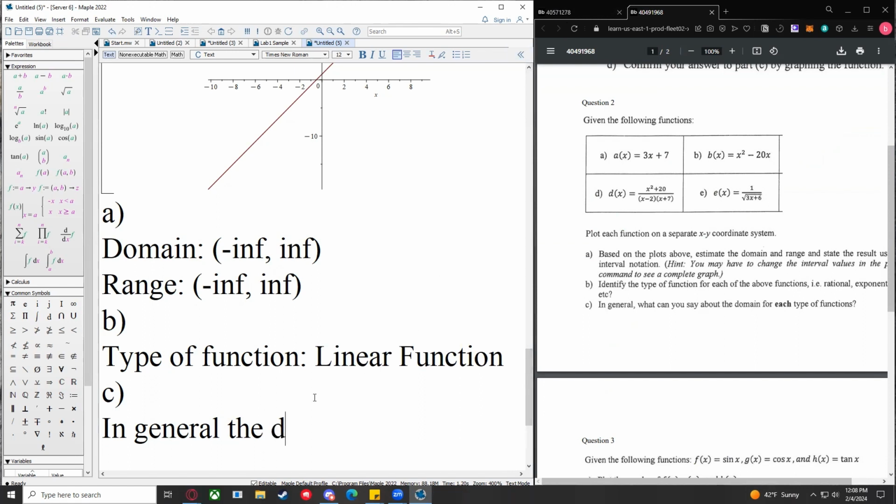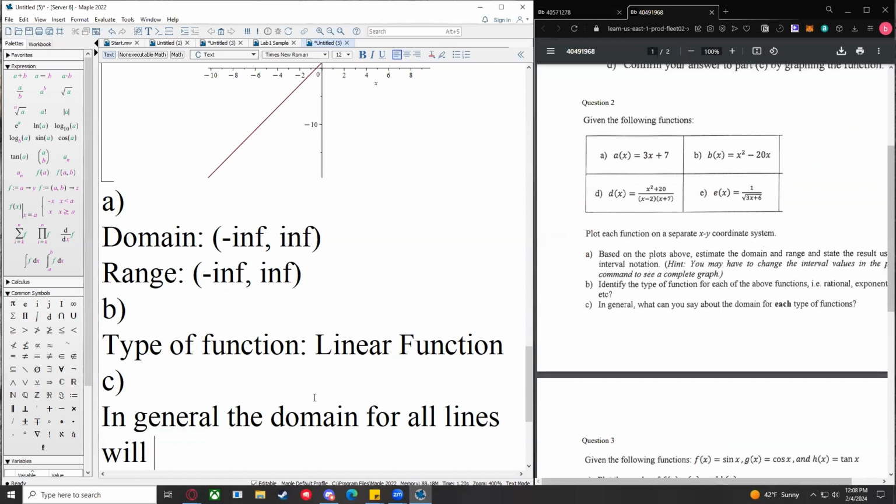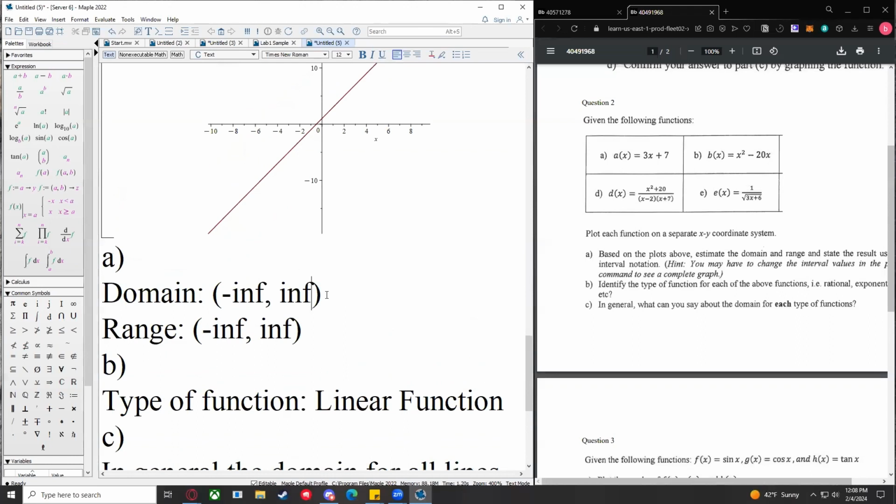So in general, the domain for all lines will be, and what will it be? It'll be negative infinity to infinity, right? Pretty much the same thing we got here. So the domain of any line will always be negative infinity to infinity.